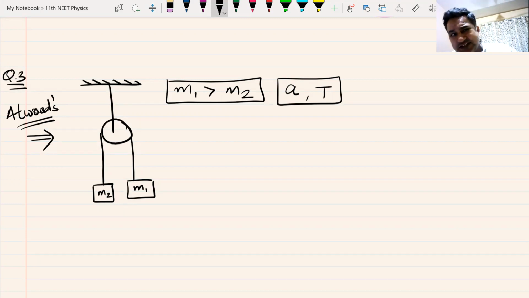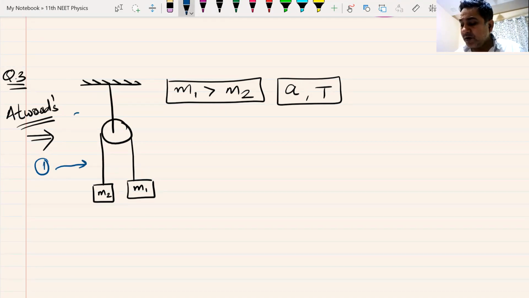How many strings do you see? I can see two strings. This is definitely string number one. This upper one can be a string, it can be a rod, it can be a hinge, it can be a lot of things. Doesn't matter. If you get the tension in string number one, you can find the tension or any other force in string number two or rod number two or whatever you call it.